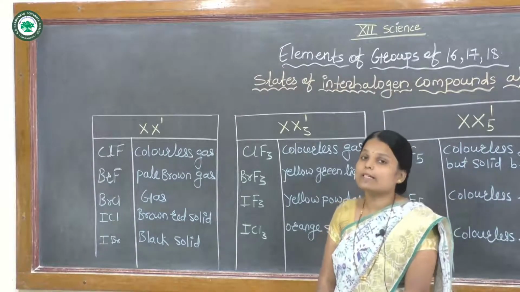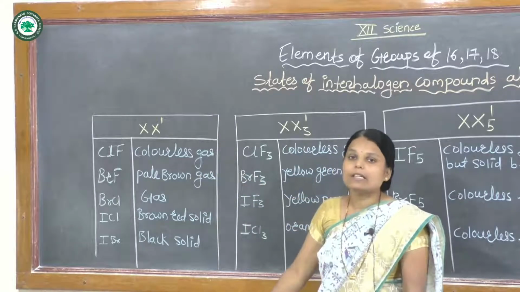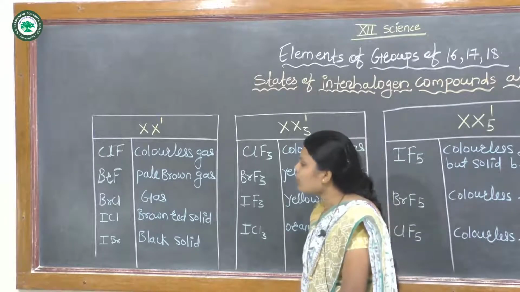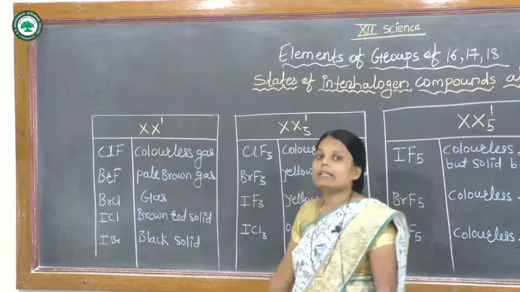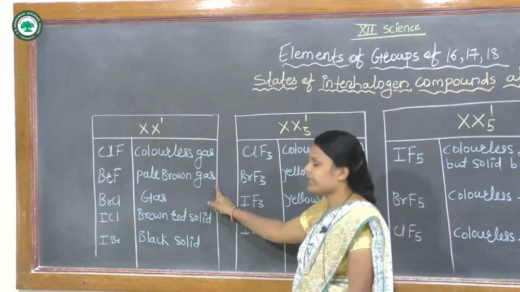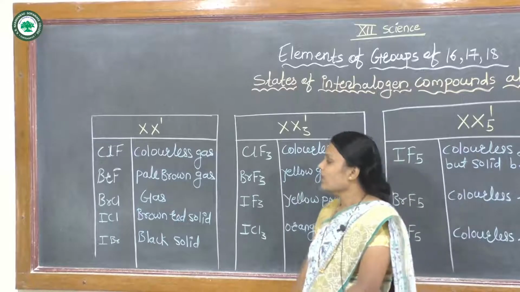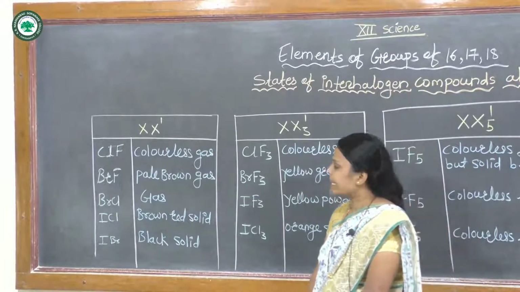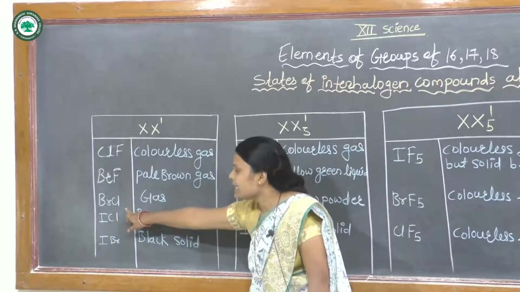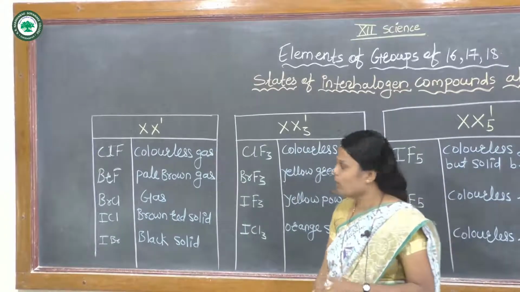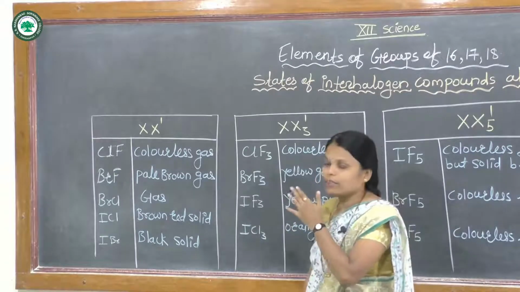The second example of XX' is bromine monofluoride, BrF, and its state is a pale brown gas. The third example is bromine monochloride, BrCl, and BrCl is a gas.